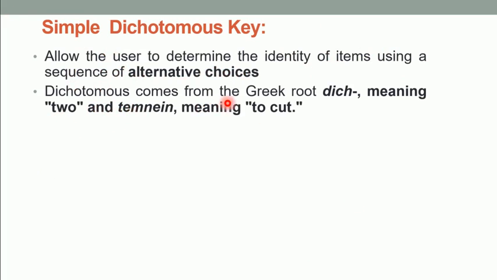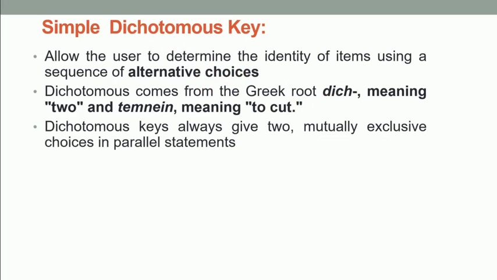Dichotomous is actually a Greek word, where di means two and tomous meaning to cut. Since in this we have two alternative statements, the name is given as dichotomous. It will always give you two mutually exclusive choices in parallel statements. So you have two choices: either this character is present or this particular character is absent.